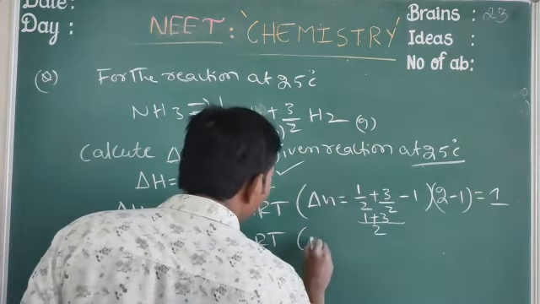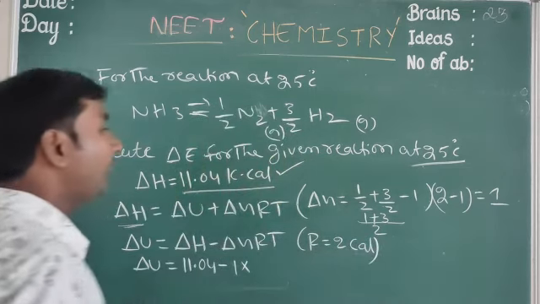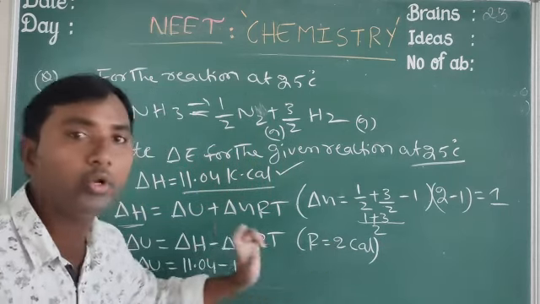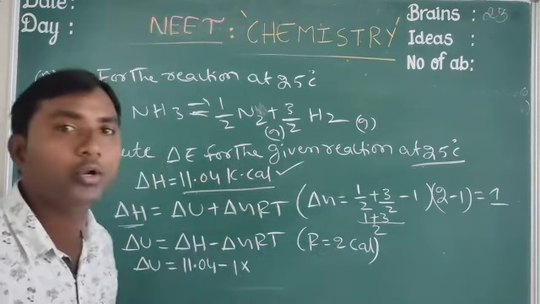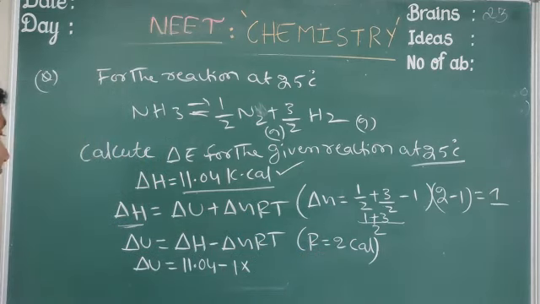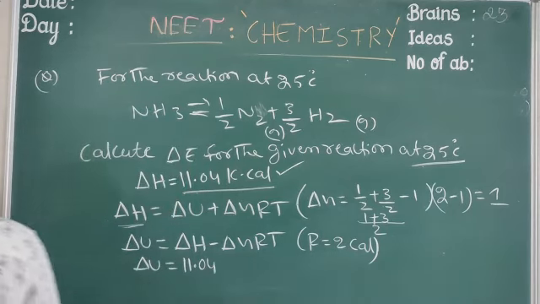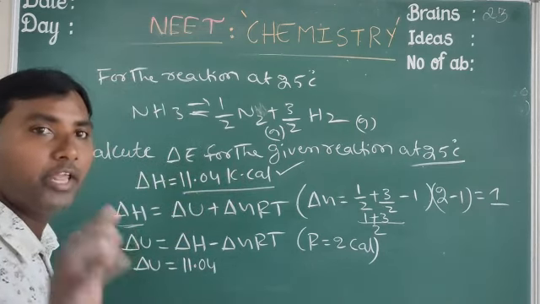R equals 2 calories, a constant value. So kilocalories convert to calories: 1 kilocalorie equals 10 power 3 calories.